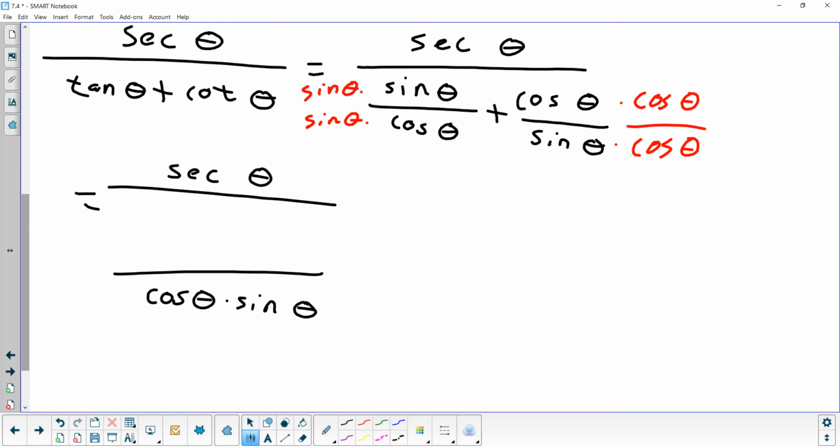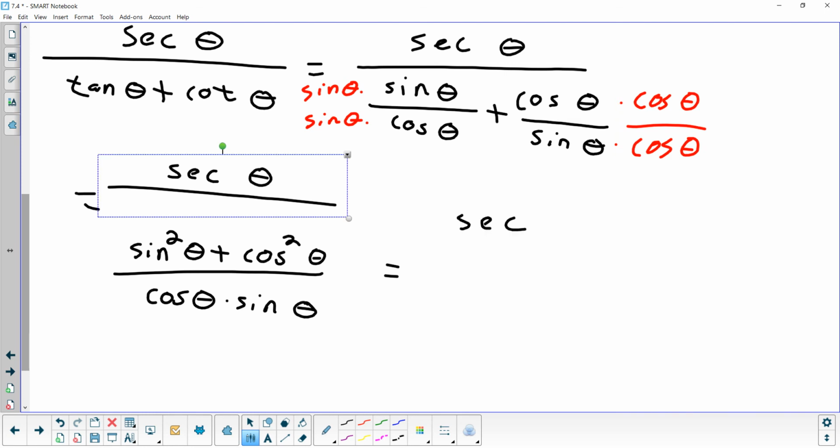So we've got the cosine times sine in the bottom. Sine times sine is sine squared, plus, what's cosine times cosine? Cosine squared. Now, this top, I just keep copying it down.